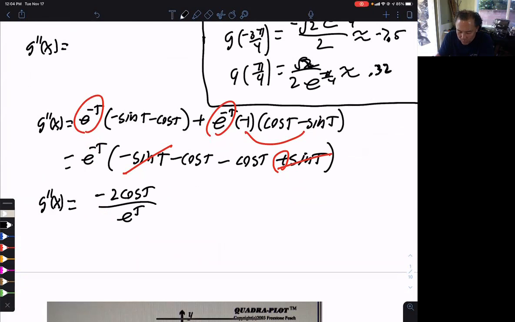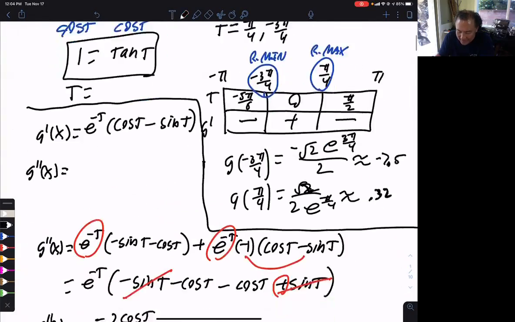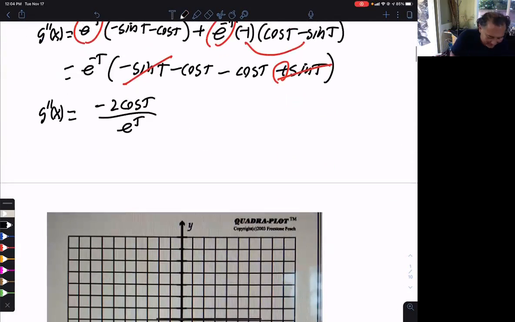Wow, I am running out of room here quickly. And this is taking a long time. So let's just keep going. So I found my second derivative. And now I find where it's 0 or undefined. So I'd set the numerator equal to 0 to find where this equals 0. Divide both sides by negative 2.